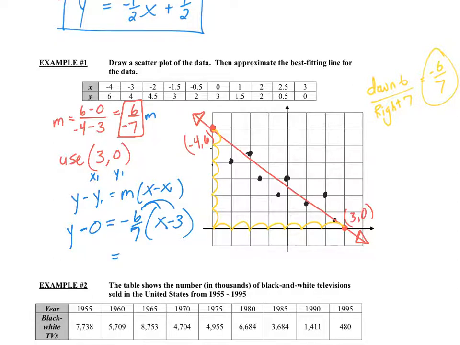We get -6 sevenths x, and then -6 over 7 times -3 is going to be +18 over 7. So y equals -6 sevenths x plus 18 over 7. And that's our line of best fit.